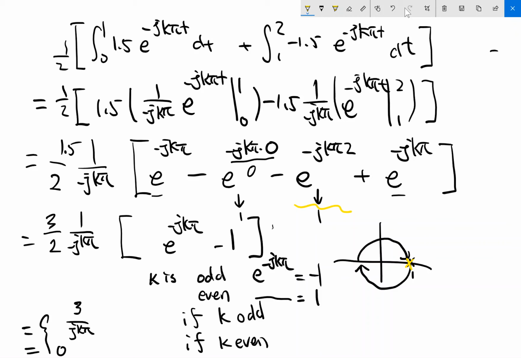If you have an even number of half cycles, that means you have an integer number of cycles, so you rotate back to the original place. So e to the negative j 2 pi is equal to 1, because it's 0 plus whatever times 2 pi, and e to the power of 0 is 1, so they are the same because of periodicity.